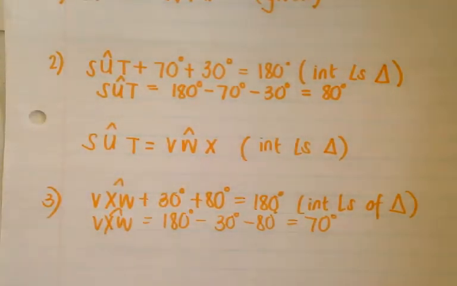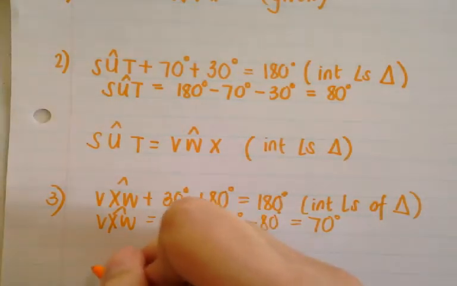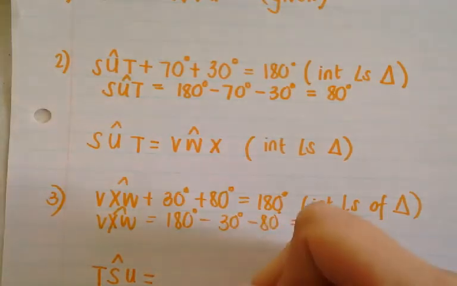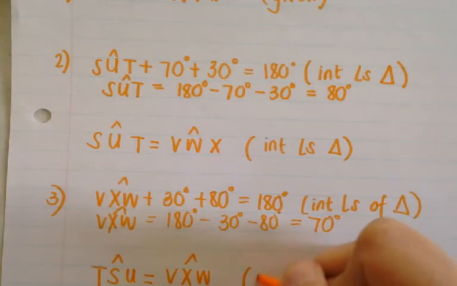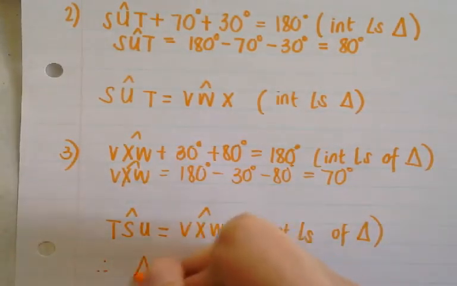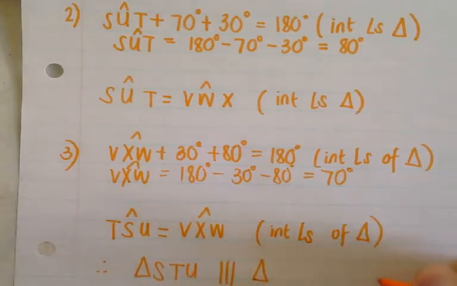Do we have an angle in STU that matches 70 degrees? So we're going to write it down. TSU is equal to VXW, and it is interior angles of triangle. There's my third statement. Therefore, triangle STU is similar to triangle.